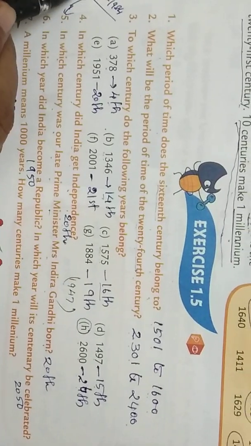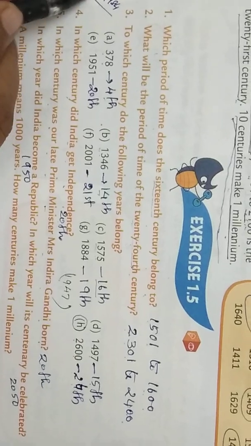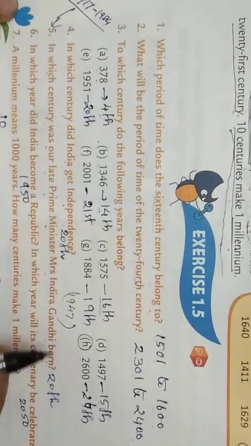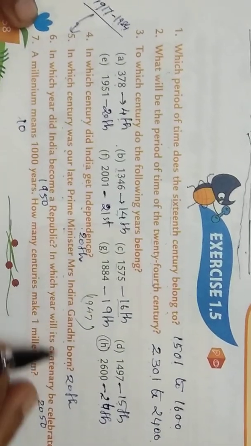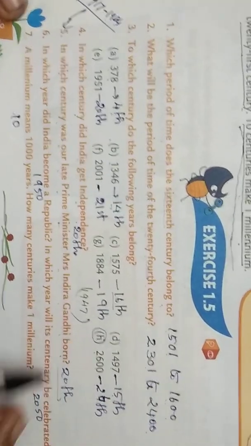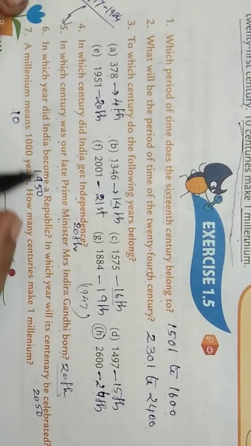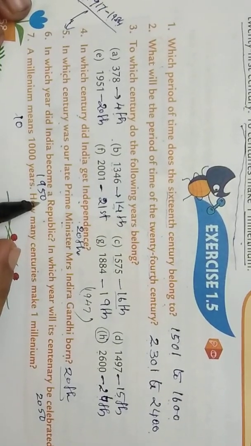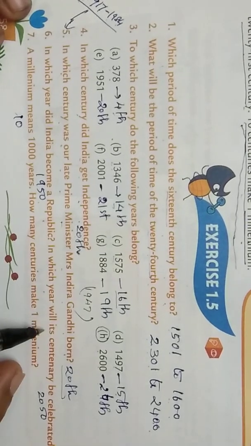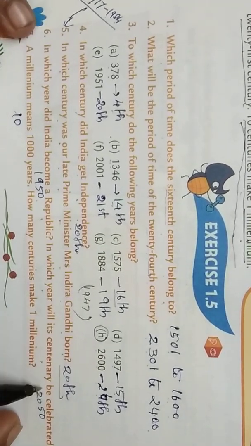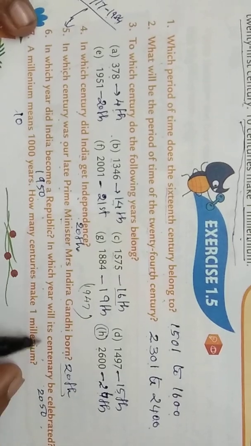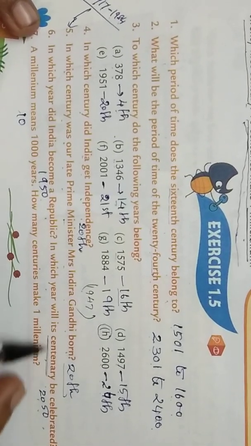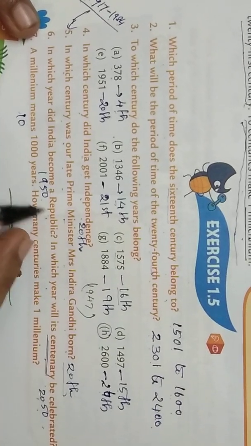The years of Indira Gandhi are 1917 to 1984. She was assassinated. That means she lived in the 20th century. In which year did India become a republic? 1950. In which year will its centenary be celebrated? In 2050 we can celebrate the century of India becoming a republic.